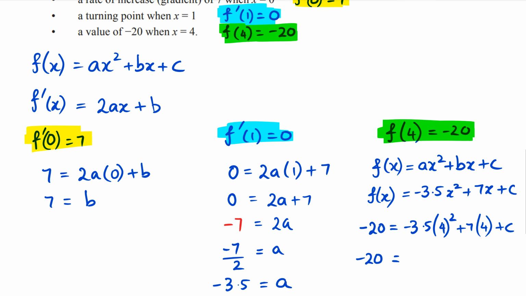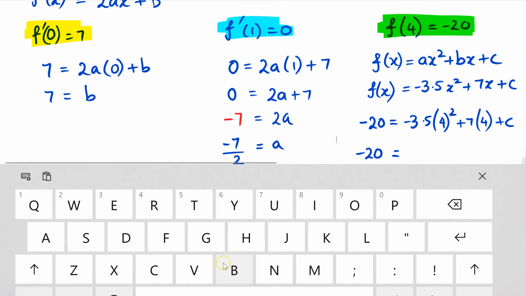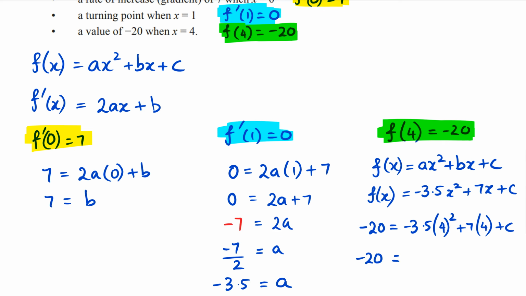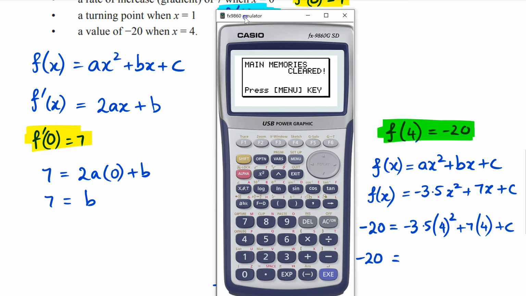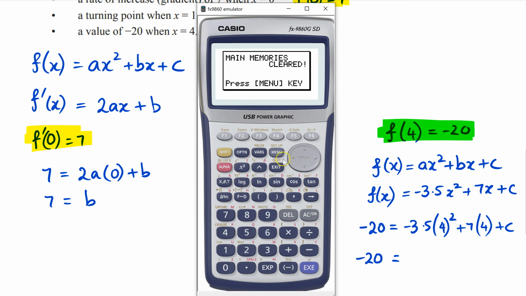I'm going to need my calculator. Negative 3.5 times 16 plus 28 is equal to negative 28.